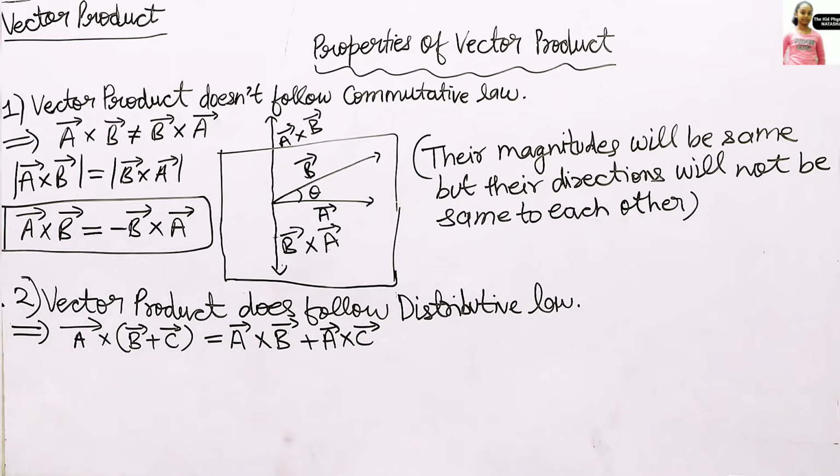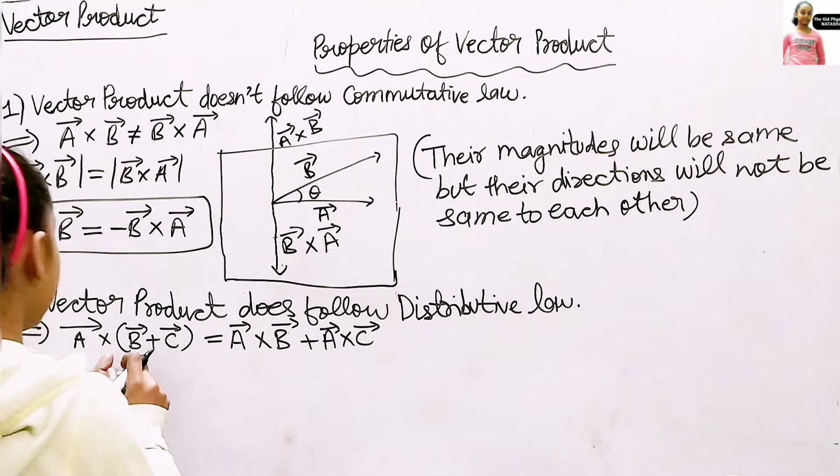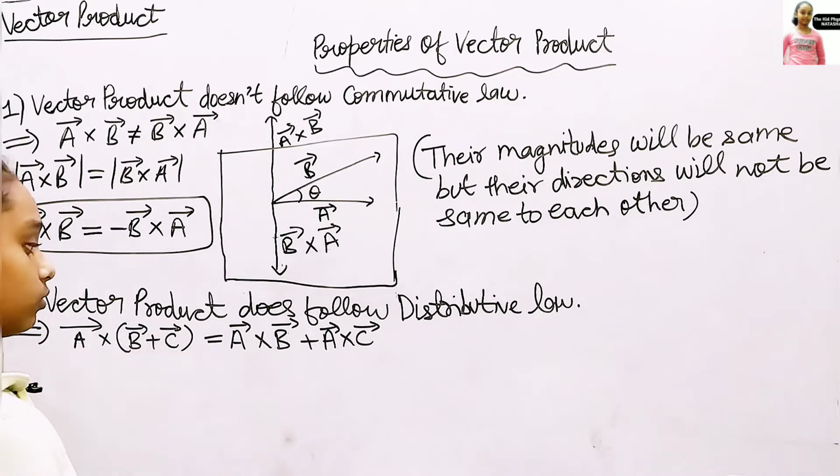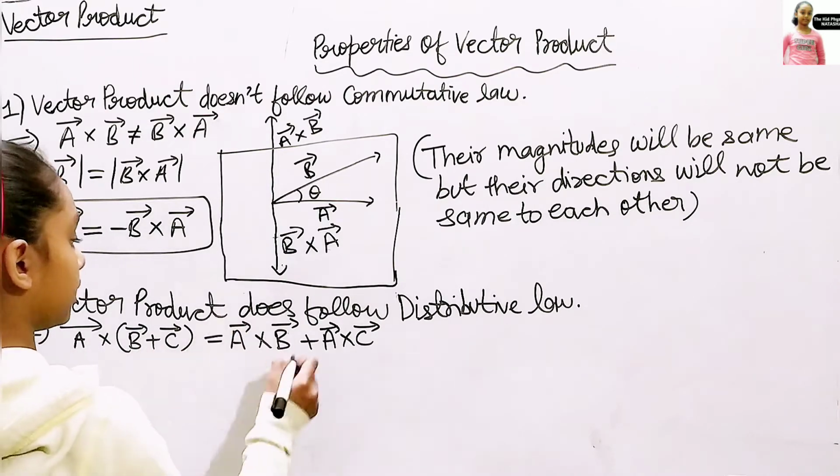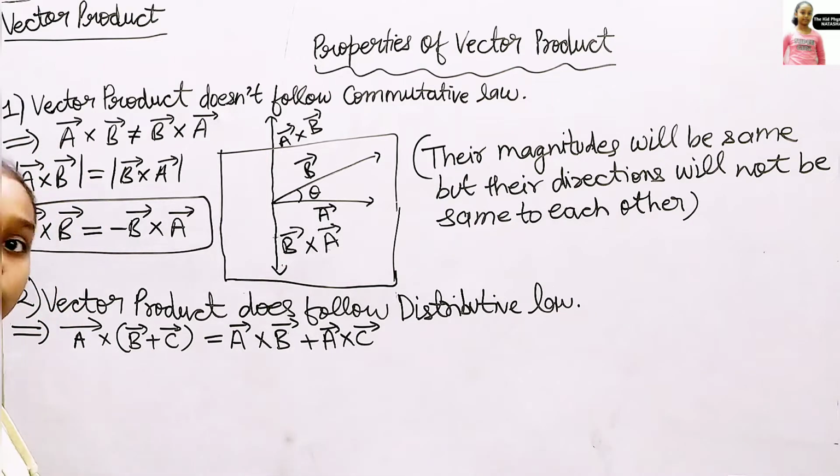So we are going to do the cross product of vector A first with B and then with C. Got it? You can also put them in brackets, but I am not going to do that.